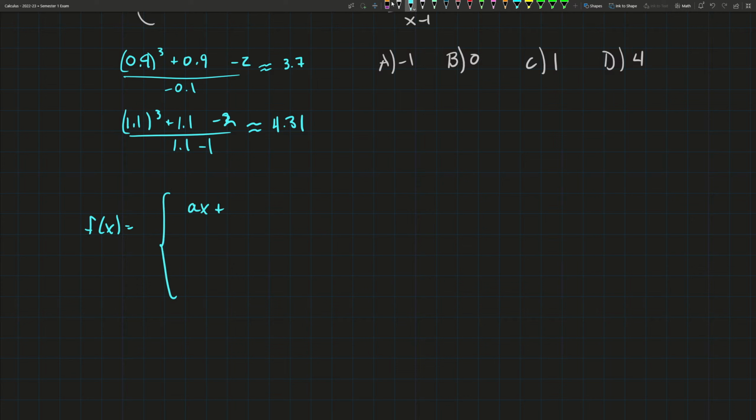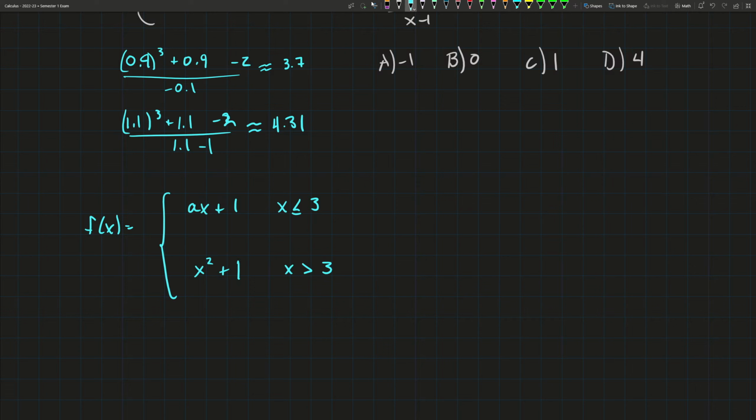Like ax plus 1 when x is less than 3, and x squared plus 1 when x is greater than 3.